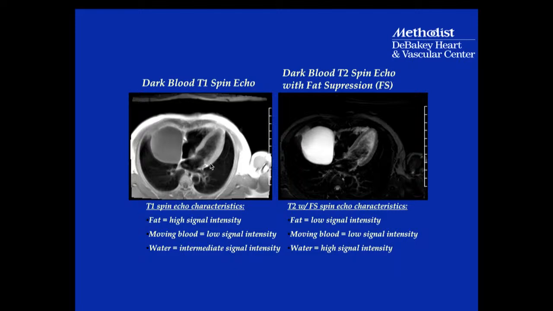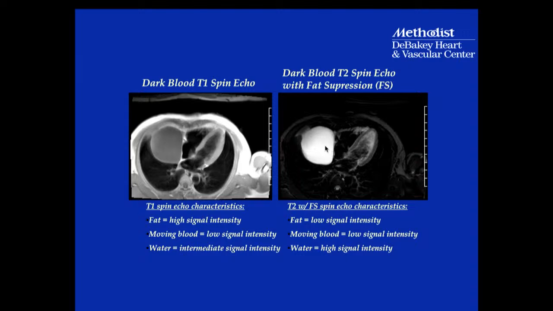That's a sequence designed in such a way that things that have short T1 recovery times, like fat, have high signal, and things that have long T1 recovery times, like water in this pericardial cyst here, have low signal. And then for that same imaging plane, I can make the image look very different if I do a T2 weighted sequence, where in this case, something that has a very slow T2 decay time, like water, will have high signal, right?